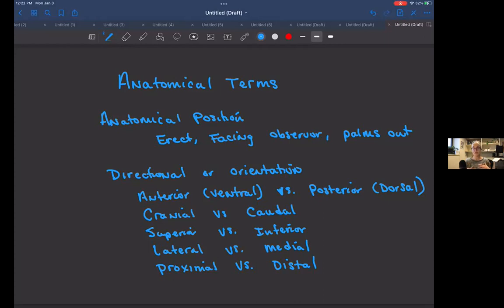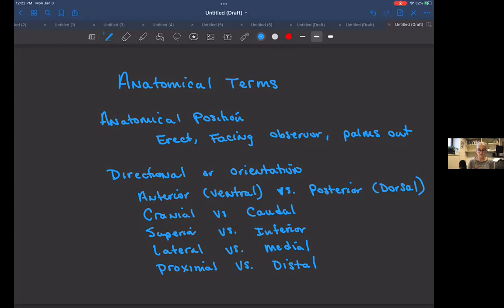So I wouldn't say that, for example, my heart is, I don't know, proximal to my face, right? But that wouldn't make sense. My heart would be inferior to my head region. Okay. So those are some terms that we're going to be talking about when we talk about the different anatomical structures.